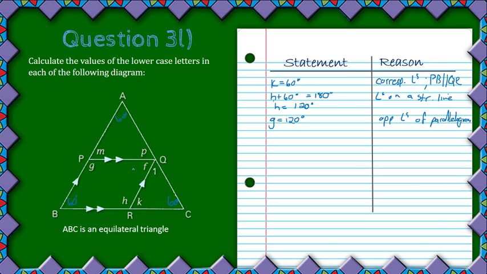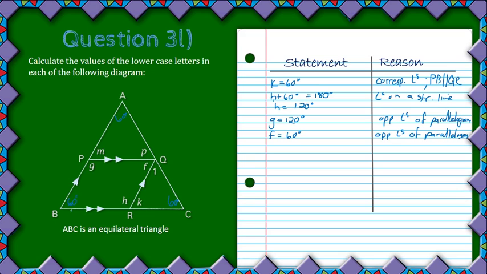Right, and then F is easy to find because we've got the other two angles of the parallelogram. So F is equal to 60 degrees, also opposite angles of parallelogram. Alright, then we've got M, but M is also a corresponding angle to 60 degrees.